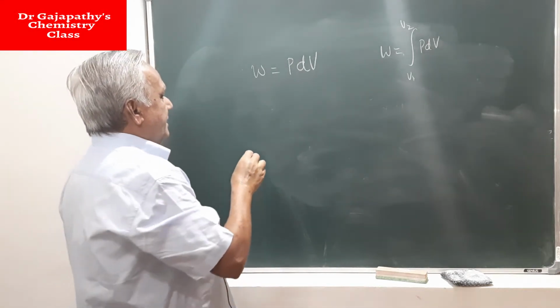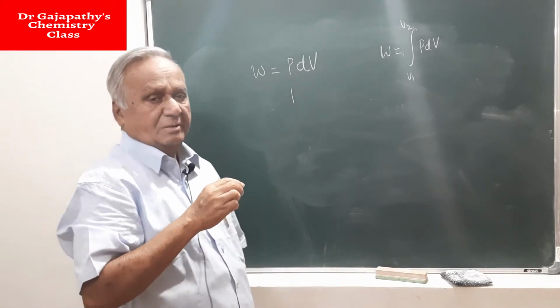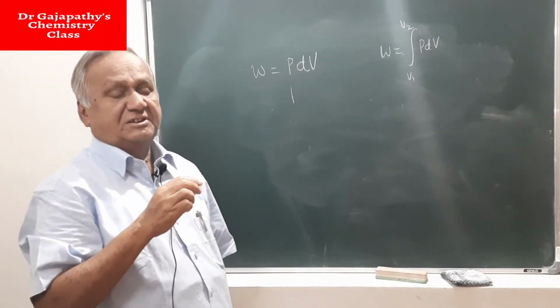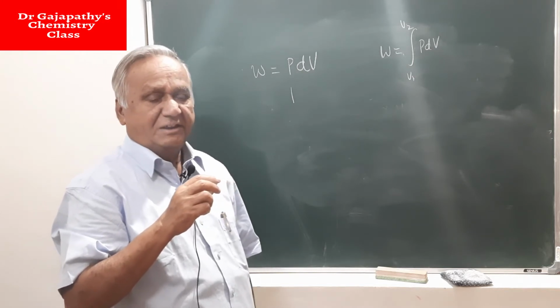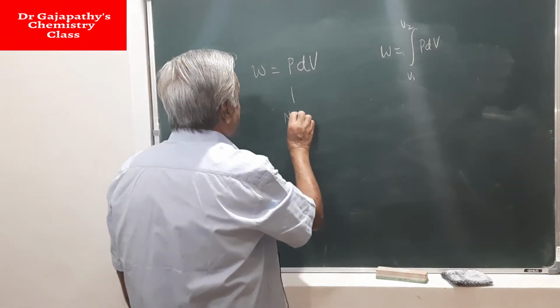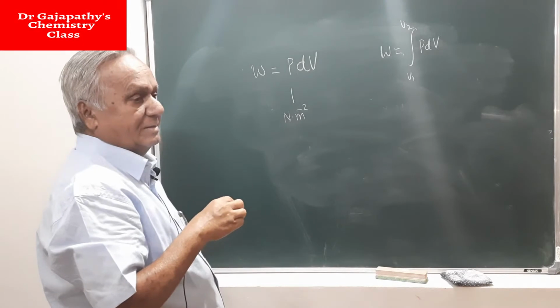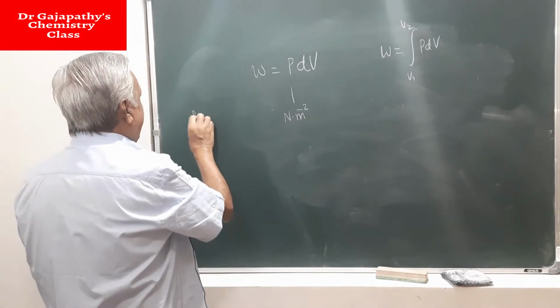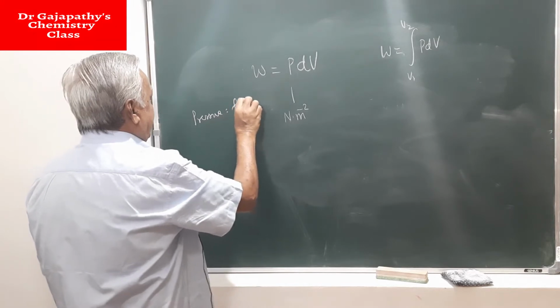What is the unit of pressure? Pressure is expressed in terms of pascals. Pascal is nothing but Newton per meter square. Pressure is nothing but force by area. These are some fundamental definitions.